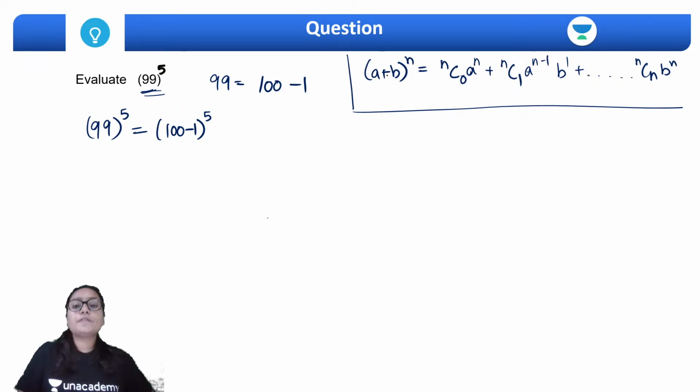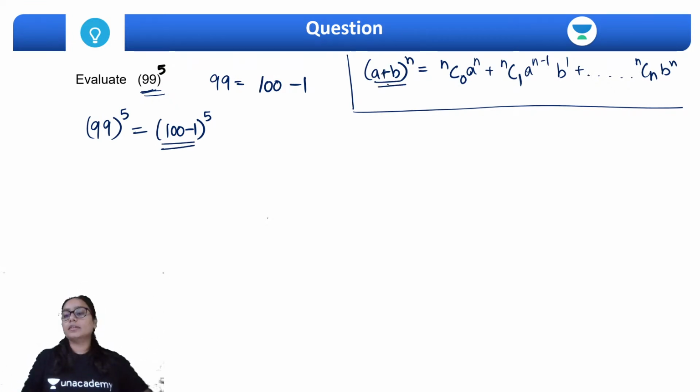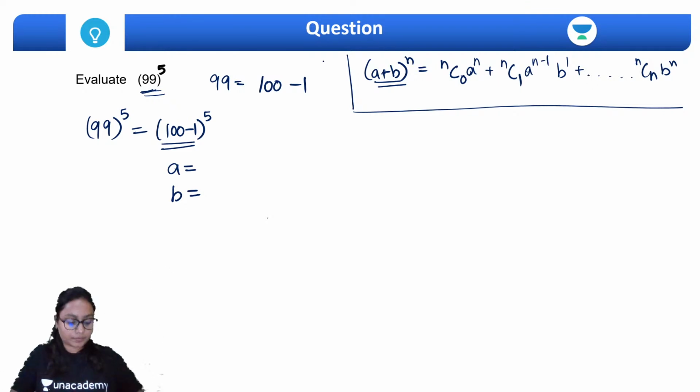So if you compare 100 minus 1 with a plus b, can you tell me what is the value of a and what is the value of b here?